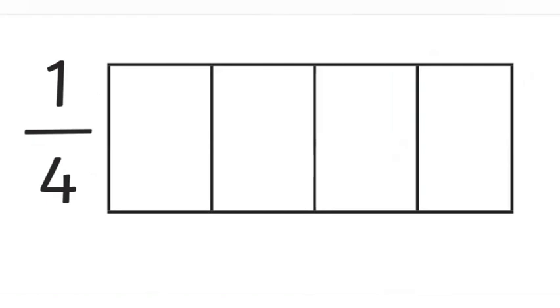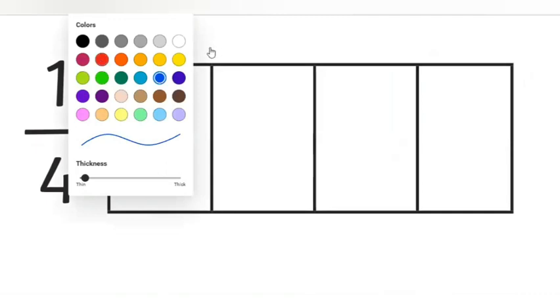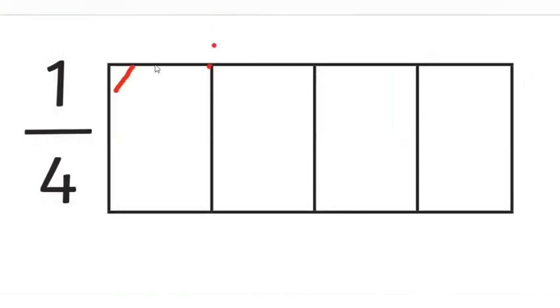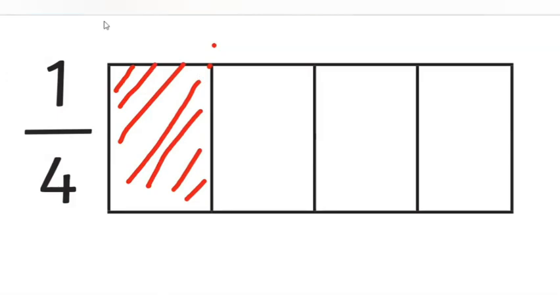Then out of these 4 parts, how many parts do we have to color? One part. Then you can color it according to your desire. Okay, a quarter has to be colored.